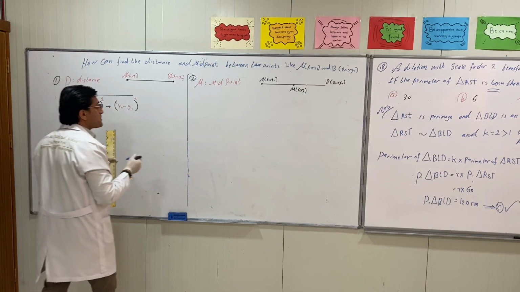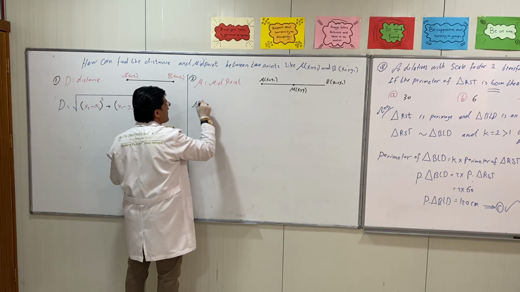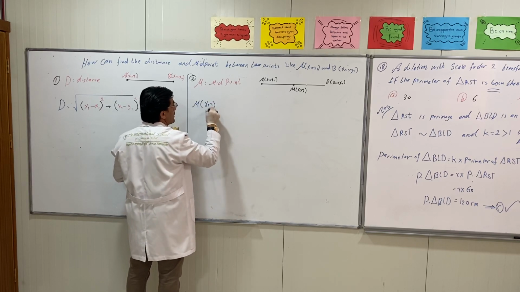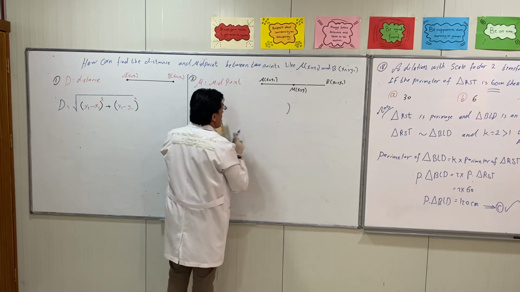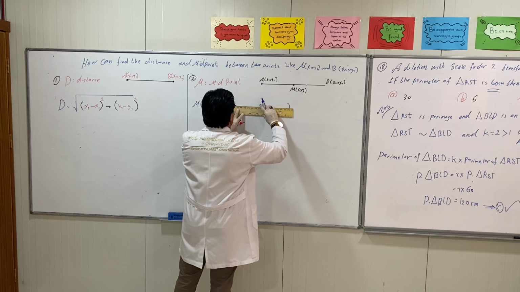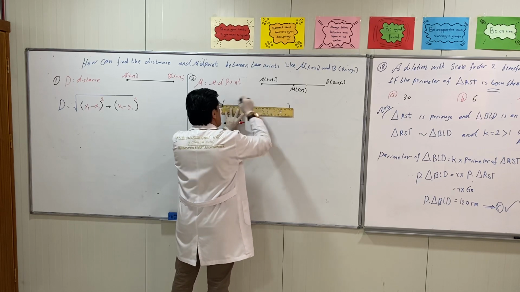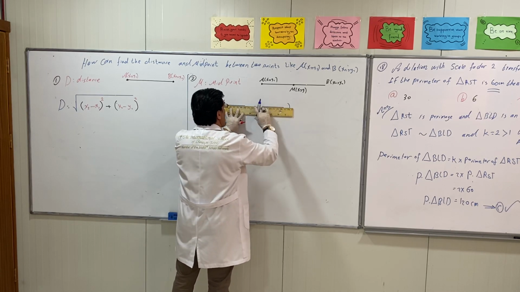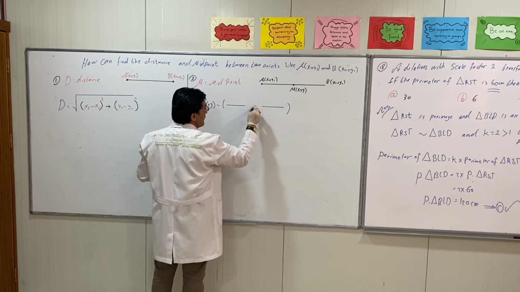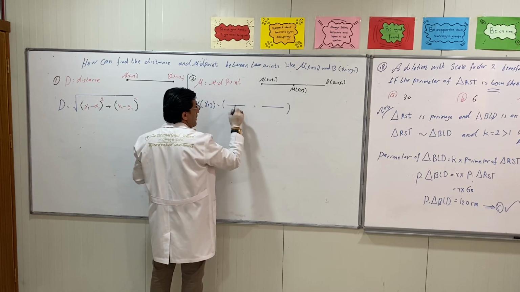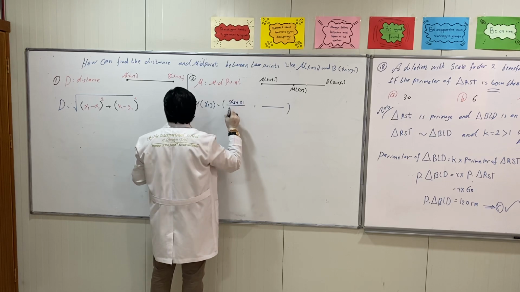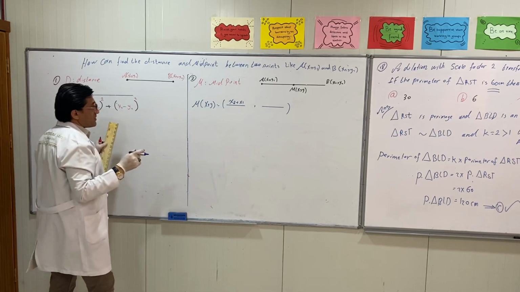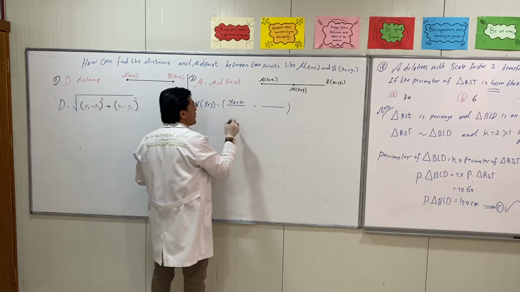To find the midpoint, use this formula: M equals an ordered pair, a large ordered pair. Between the two fractions is a comma. The first is x2 plus x1 over 2. For distance it is x2 minus x1, but for the midpoint it is x2 plus x1 over 2.